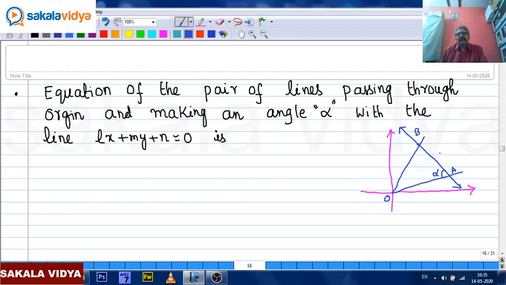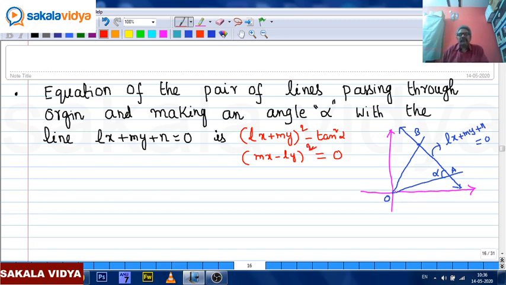OA, OB combined equation we need to find out. This equation is Lx plus My plus n is equal to 0. So how to find out, very easy technique I will tell you. Remove the constant. That means we get Lx plus My whole square add on minus tan square alpha into its perpendicular equation mx minus ly whole square is equal to 0.